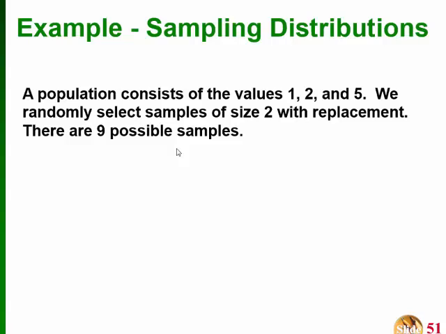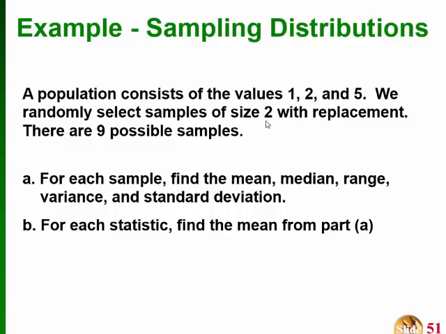Out of these samples of size 2, there are 9 possible samples, and that's why we can list them all, because we have a small population. Realistically, a population can be as huge as 6,000, or even a population size of 20 or 30 would be really big, and then with smaller samples there'd be a lot of possible samples. But in this case, just to keep it simple, a population of 3 things and sample sizes of 2.